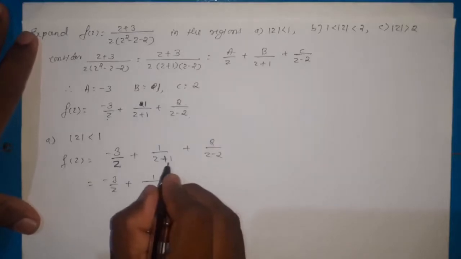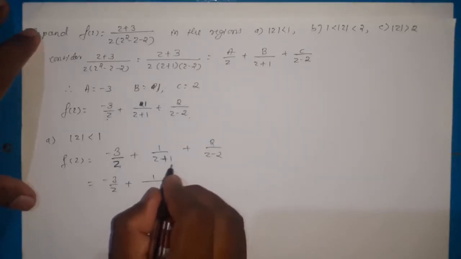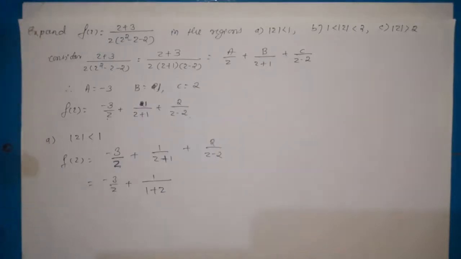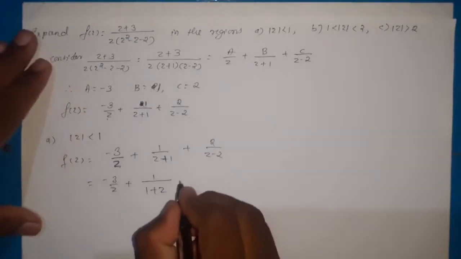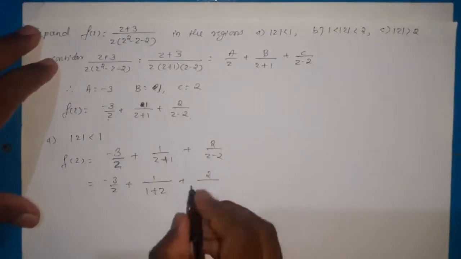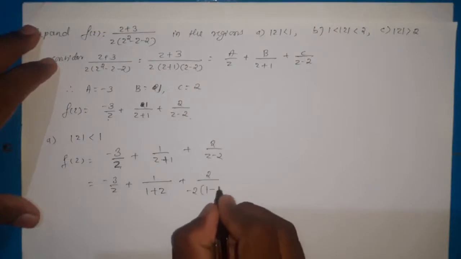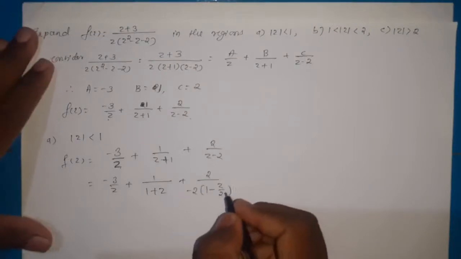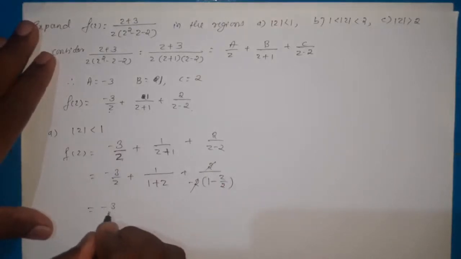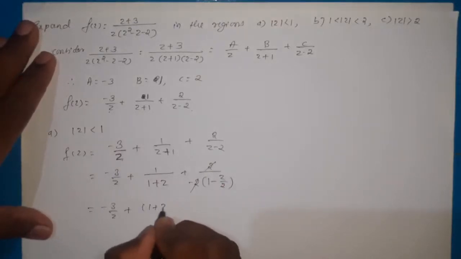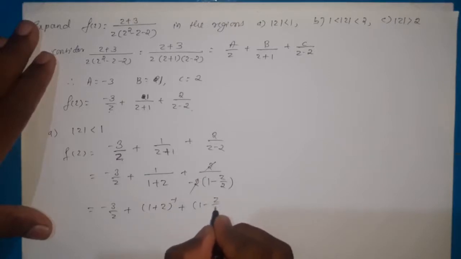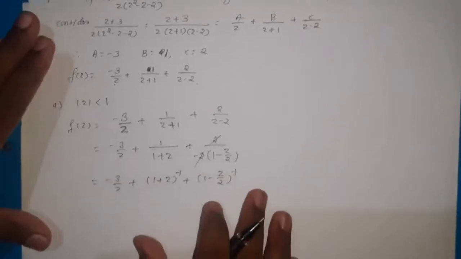Now, it is already in the standard form, but here we need to write this as 1 plus z form, that is 1 plus x, and plus 2 divided by, here the constant is minus 2, so minus 2 outside, 1 minus z by 2, and here 2 and 2 get cancelled. It is minus 3 by z plus 1 plus z whole power minus 1 plus 1 minus z by 2 whole power minus 1.